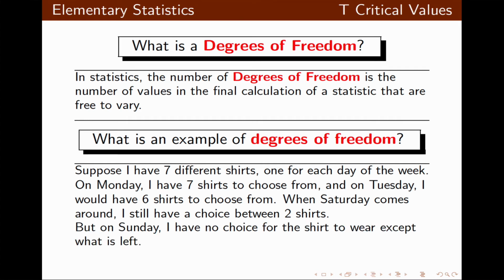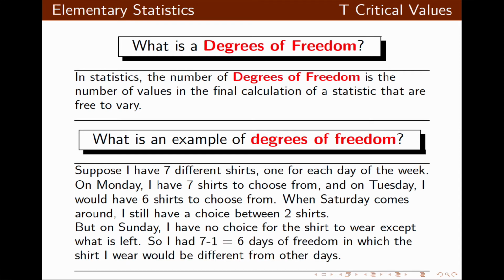But on Sunday, there is no choice. I have 1 shirt left, and that's the shirt that I have to wear. So in this example, the degrees of freedom is 6. You can think of it as I had options in 6 days, but on the 7th day, there is only 1 shirt left, so there is no choice on that day.